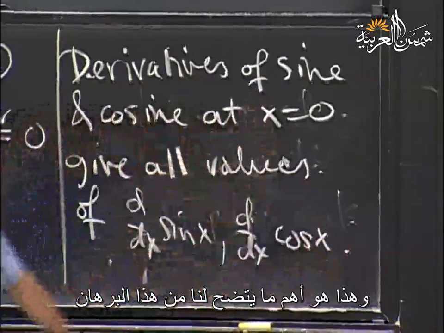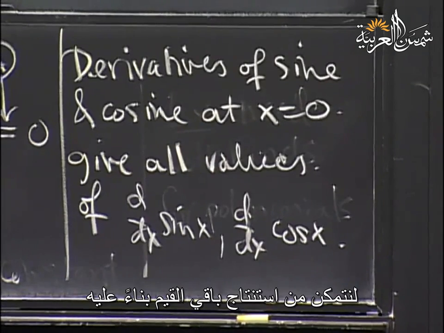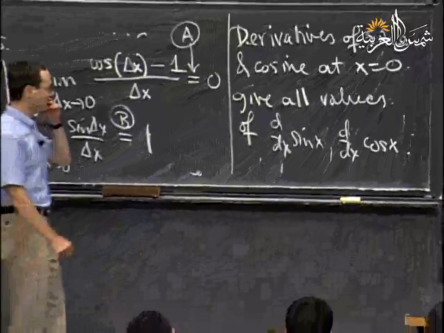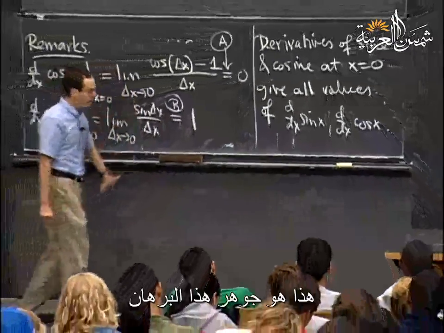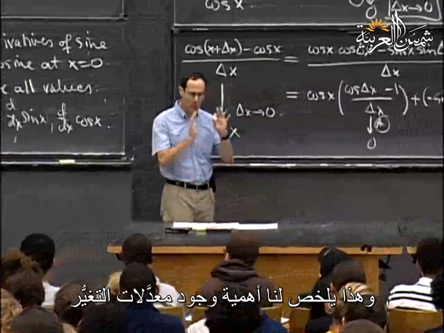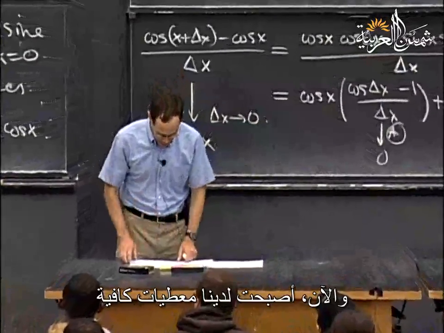So that's really what this argument is showing us, that we just need one rate of change at one place, and then we work out all the rest of them. All right, so that's really the substance of this proof. That, of course, really then shows that it boils down to showing what this rate of change is in these two cases, at x equals 0.